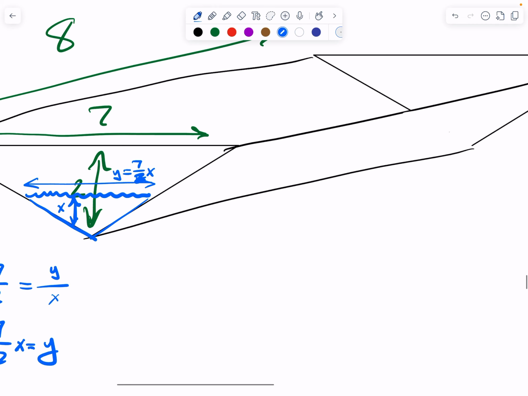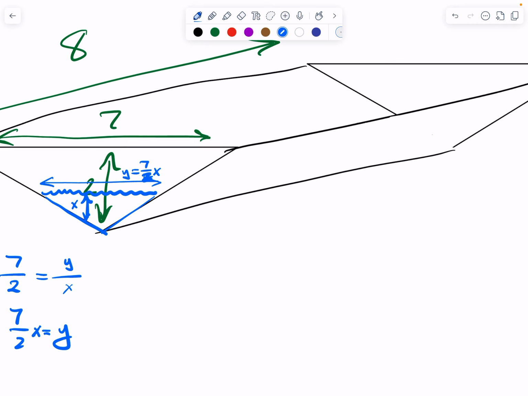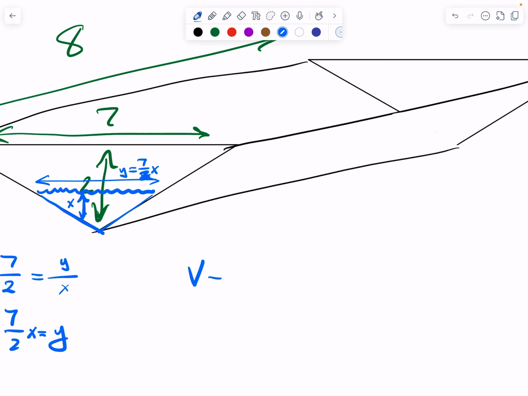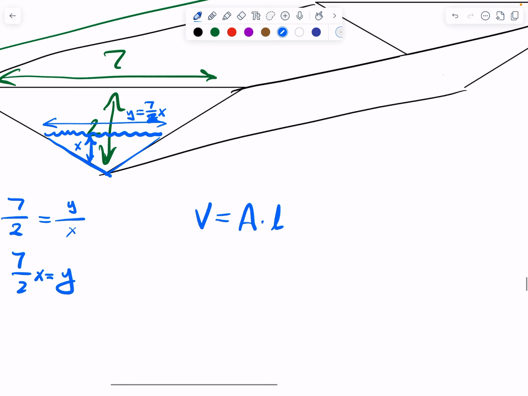The length of the trough does not change. It's always 8. So the volume, the volume of a prism is the area times the length. So the area is the area of that blue triangle. The area of the blue triangle is 1/2 times the base times the height.